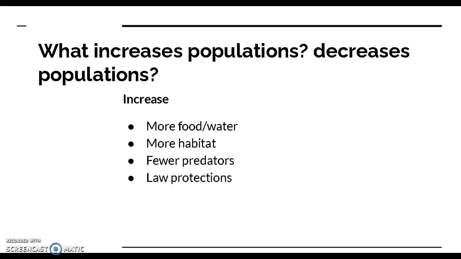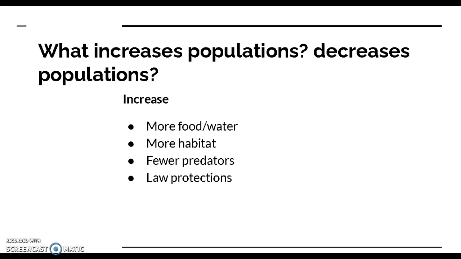So some things that could cause more births or more immigrants coming to an area are things like more food, more water. If you have more food and more water, you have more energy and can have more offspring. More habitat being available is another reason why individuals might want to immigrate to an area.